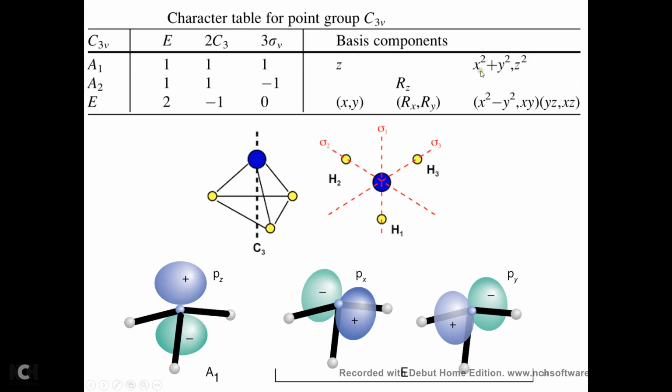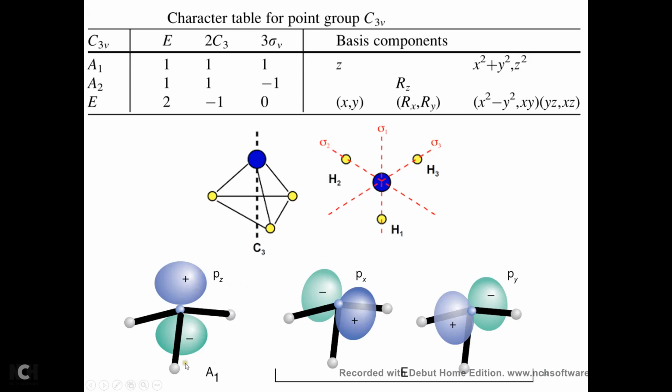Over here it just tells you what kind of Raman vibrations will be active. This will tell you which are infrared active. Raman active, infrared active. And then let's just look at some orbitals.